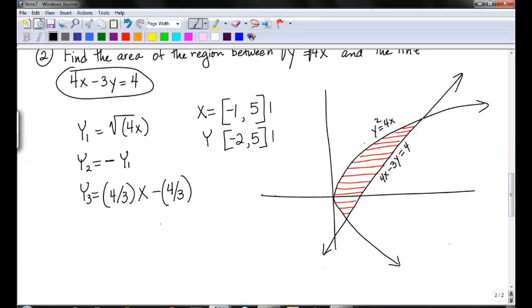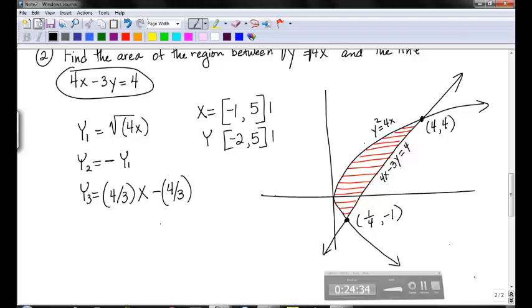So you have to figure out, where do these two intersect? Okay, find these 2 points of intersection. Take a minute and do that. Get this one? 4, 4 is right. For this one, I got 1/4 or 0.25, -1. Okay, so we found the two ordered pairs.